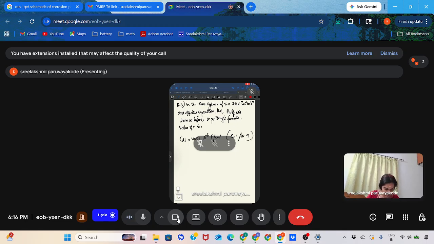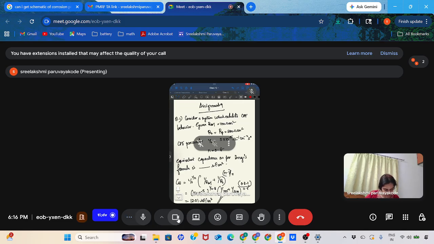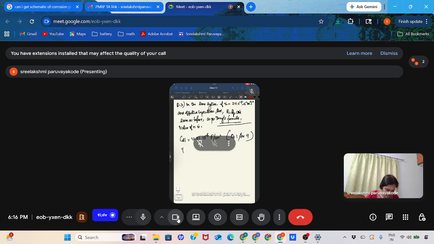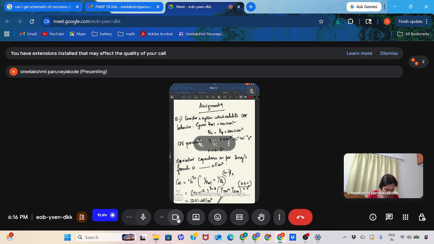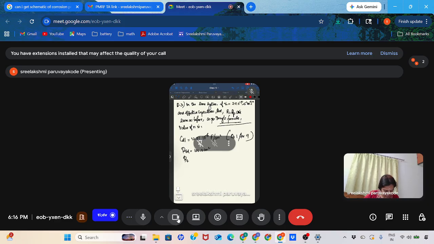Because they have told Brug's formula, I'm taking that same value. What is our solution? 100 ohm centimeter square. What is RT, RP? 200 ohm centimeter square.